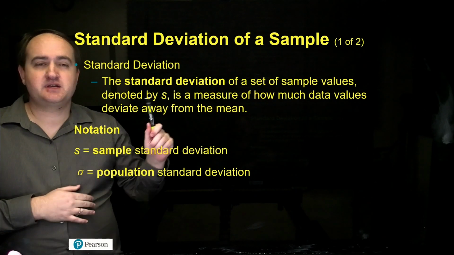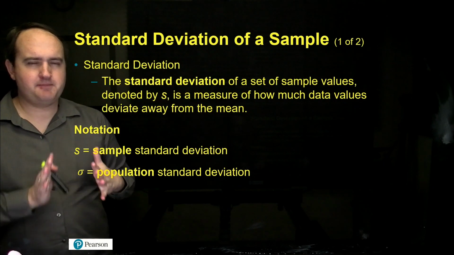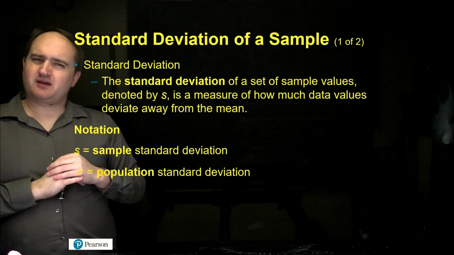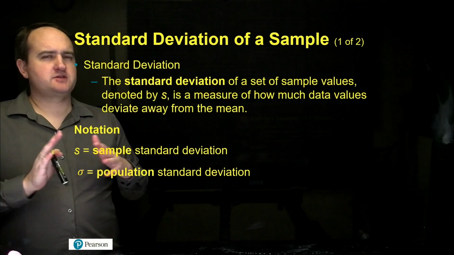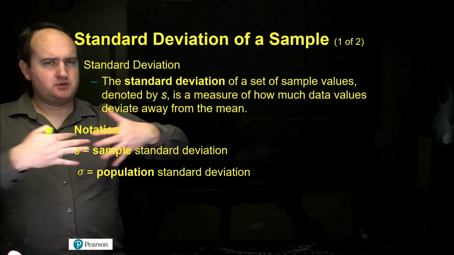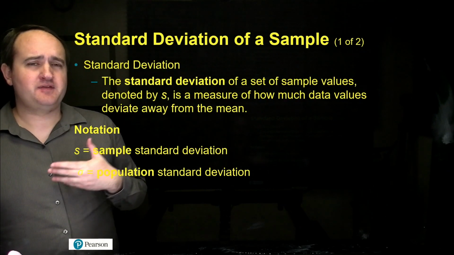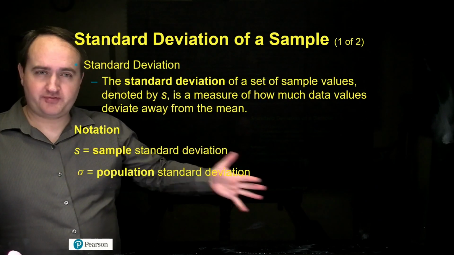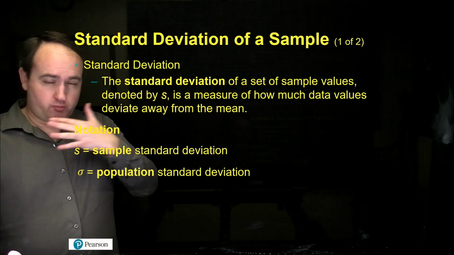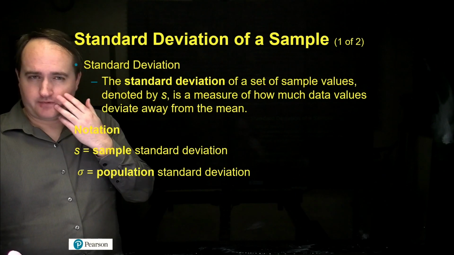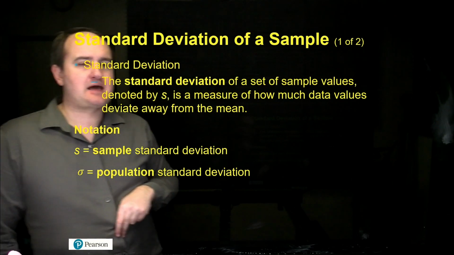And the nice thing about the standard deviation is that, roughly speaking, it measures the average amount of deviation, in that it takes into account all of the data values. So it is a more resistant measure of variation, so it's more useful, but it is more difficult to calculate as well.